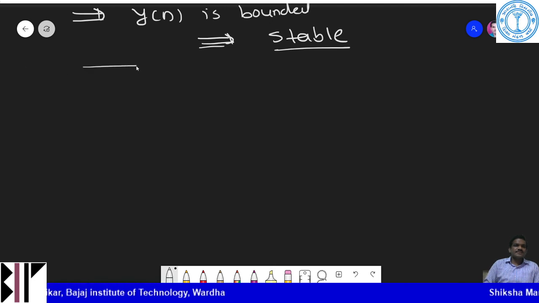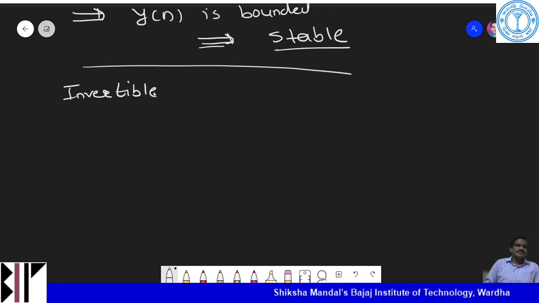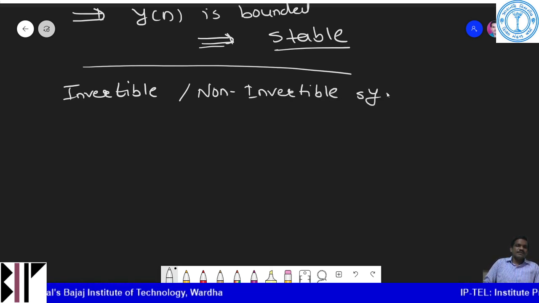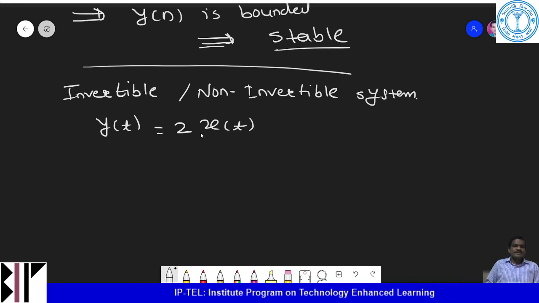Now let us take a few more for invertibility. Invertible or non-invertible system. So y of t is nothing but 2 times x of t.